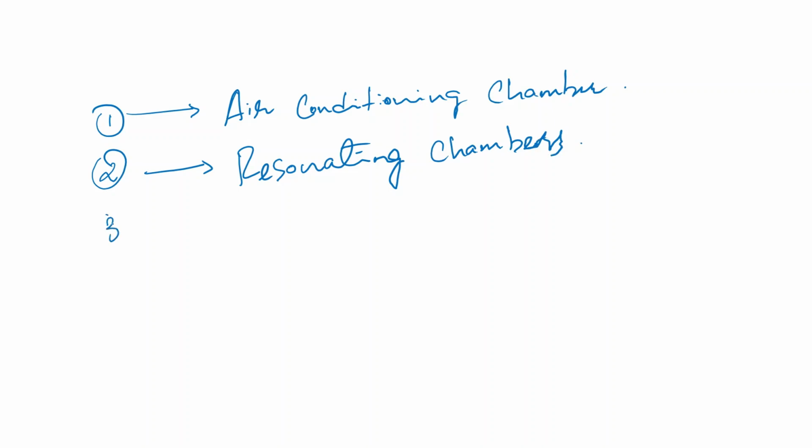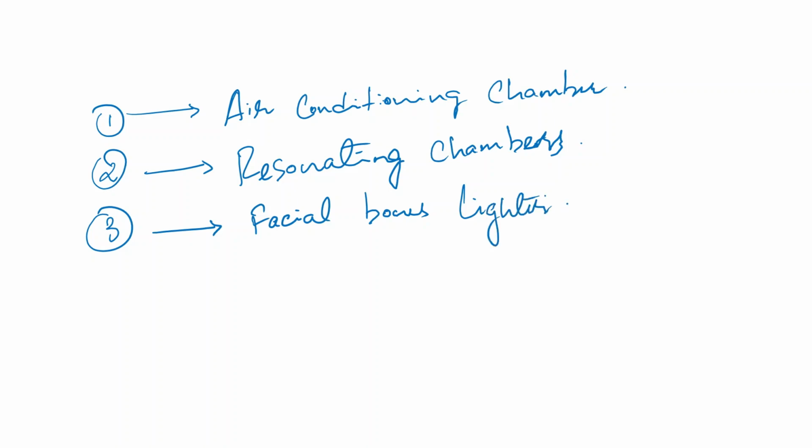Number 3, as the paranasal air sinuses are present within the facial skeleton, they make the facial bones lighter and help in the establishment of the adult contour of the face.